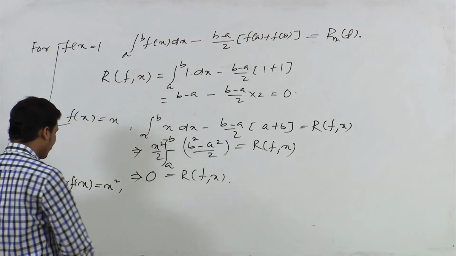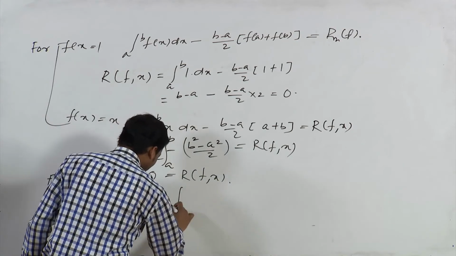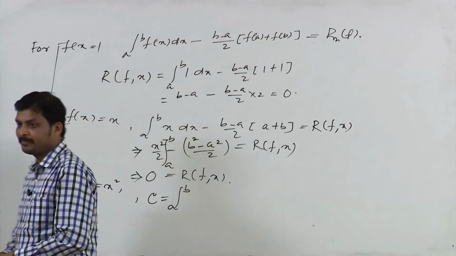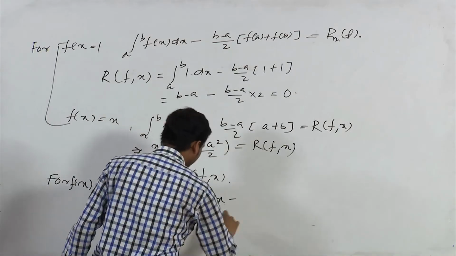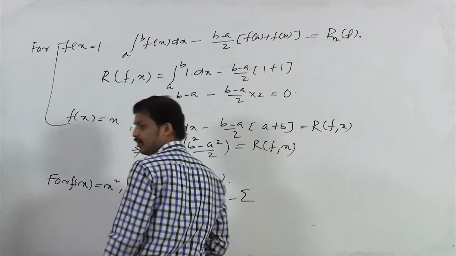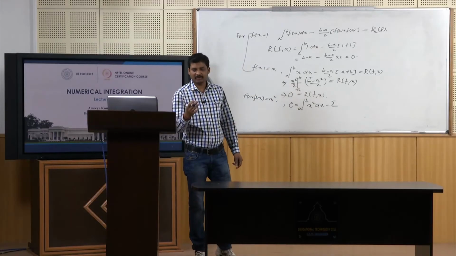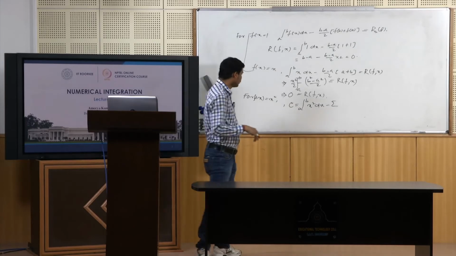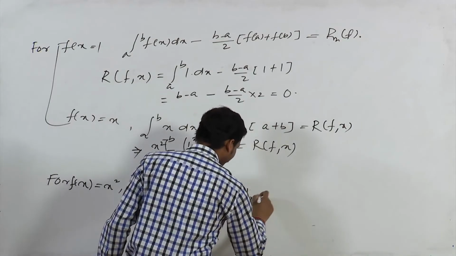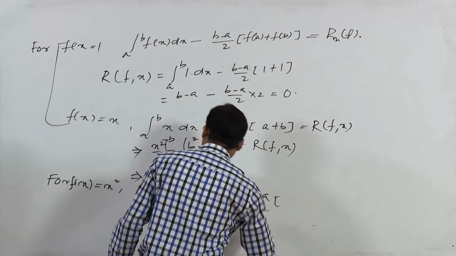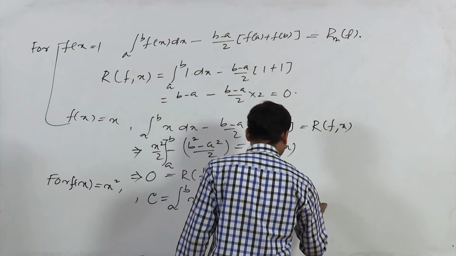If we put f(x) equals x square, c can be written as the integral from a to b of x square dx minus the trapezoidal rule formula, (b minus a) by 2 times (a square plus b square).